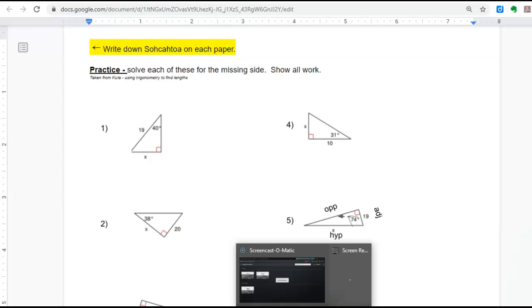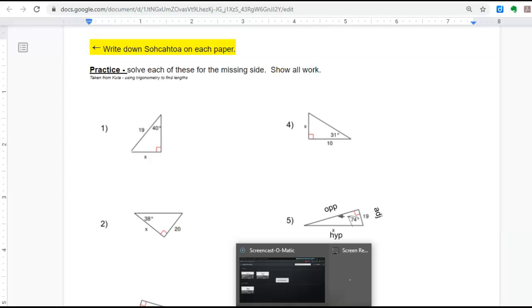For number 1, you see that the sine is x over 19 because my opposite is x and 19 is my hypotenuse. Then I just have to solve that. Since I'm dividing by 19, I'm going to multiply by 19.